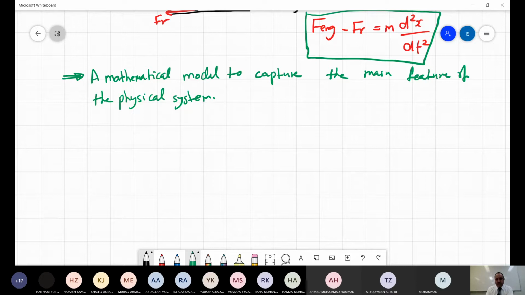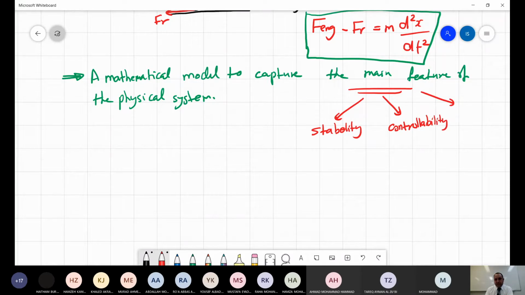So the main features such as stability, such as controllability, or observability. The first one, it means what?